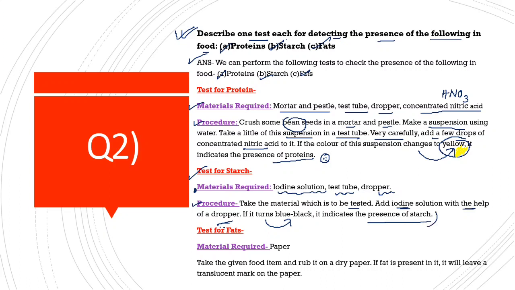Next is the test for fats. The material required is a white sheet of paper. Now we have to rub the given food item on the dry paper.